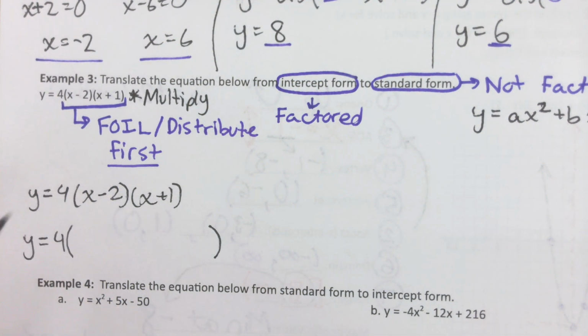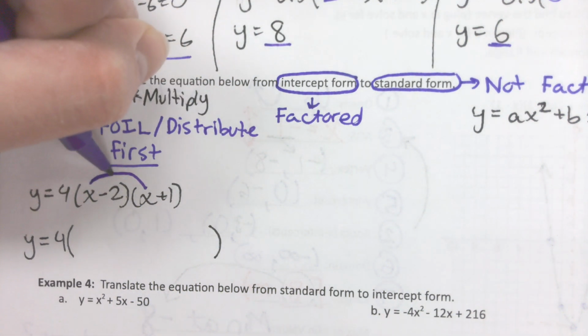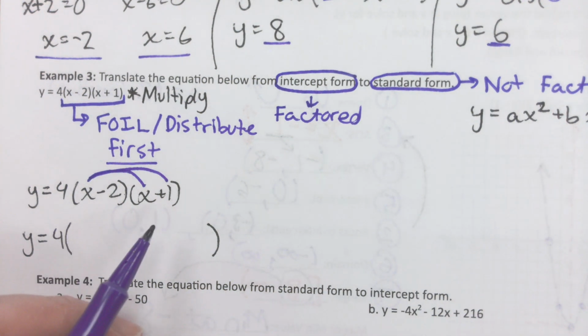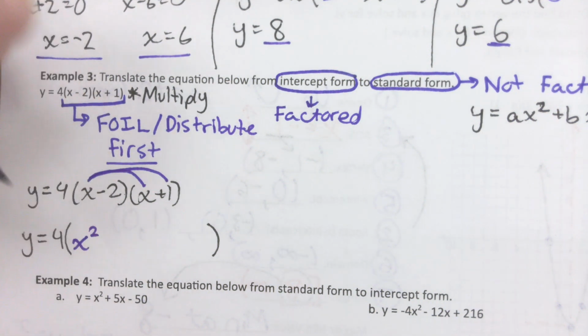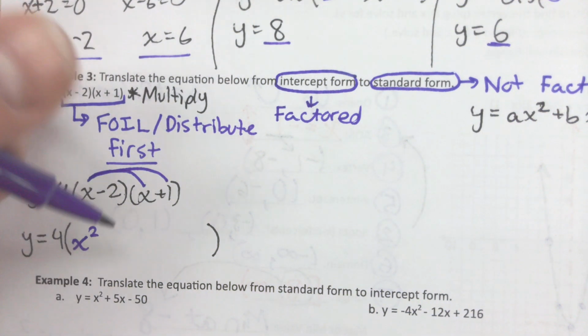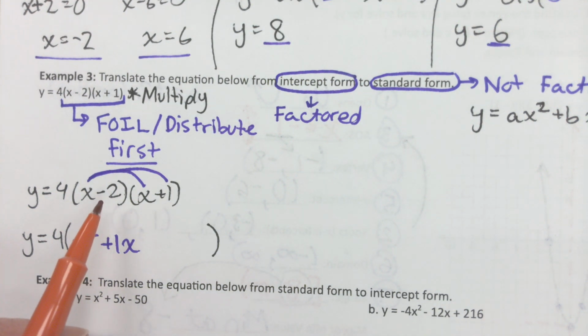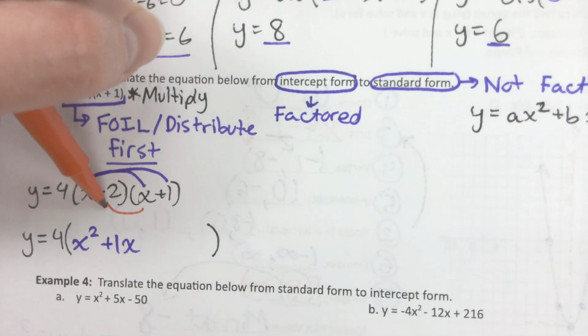When we distribute, FOIL, we start with the x in the first set of parentheses, and we're going to multiply it into the second set of parentheses. X times x, that gives us x squared. X times 1, that's 1x. Do you want parentheses? Nope, we just want one big set. Okay. And then we're going to go through and distribute again, this time with the negative 2.